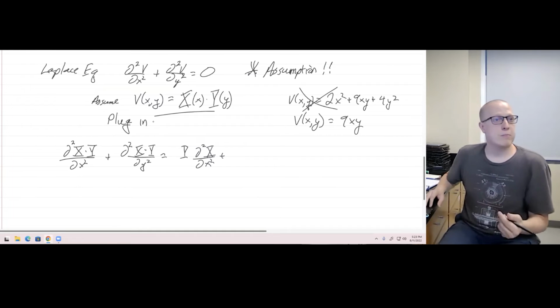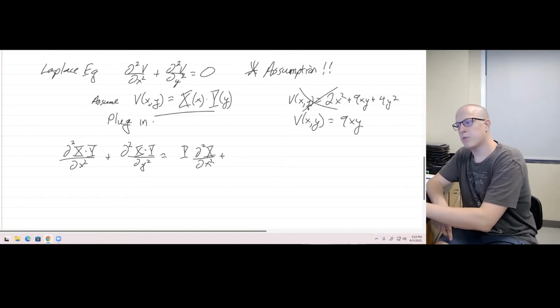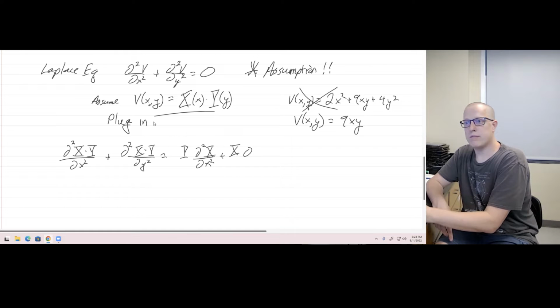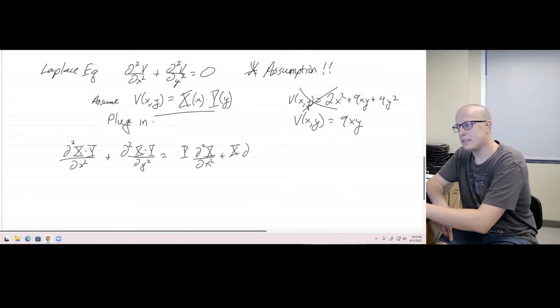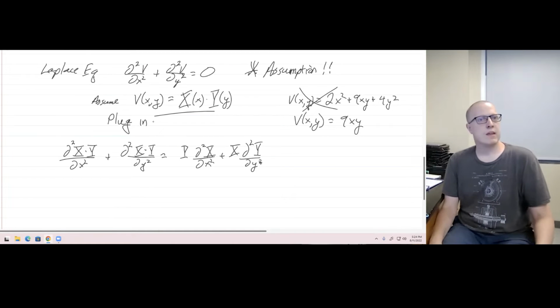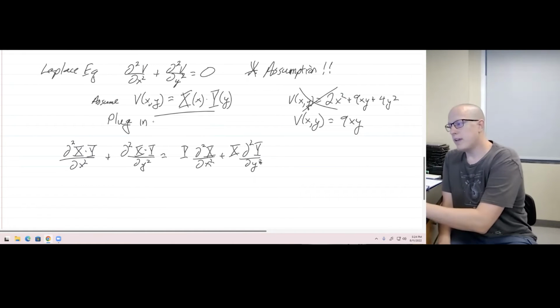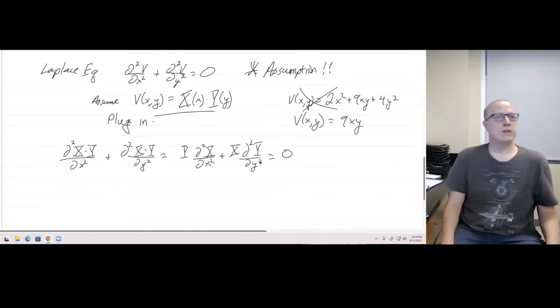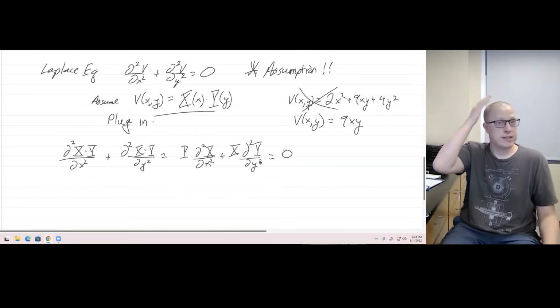The same thing applies in the other direction for the y derivative. The y partial derivative isn't doing anything special to X, and so I can pull that out. And I get something that looks like this. No magic so far, and this whole thing still equals 0. I haven't changed anything.